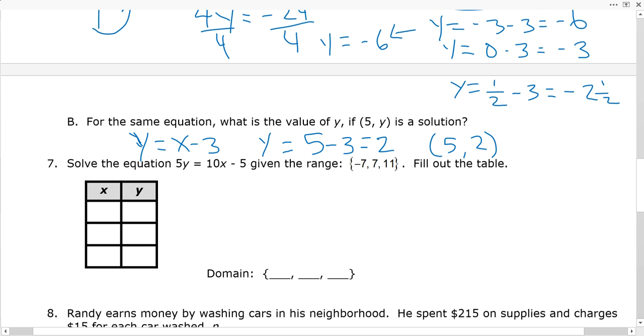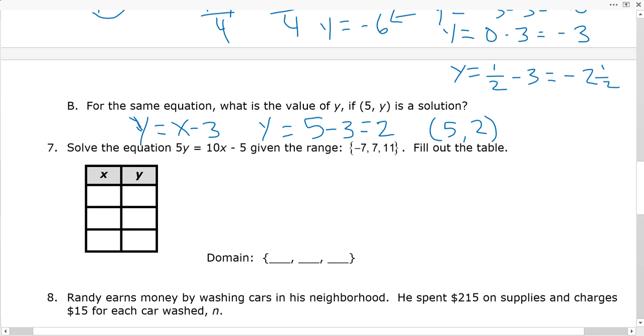Okay, notice in this next one they gave us the range, which is negative 7, 7, and 11. So we're actually looking for our x values. So I'm going to do the same thing I did above, except now I want to do my x on the left and everything else on the right. So I'm going to take my 10x minus 5 equals 5y.